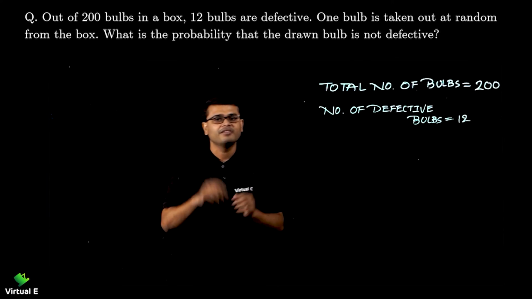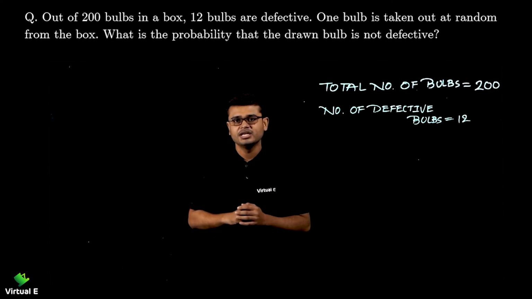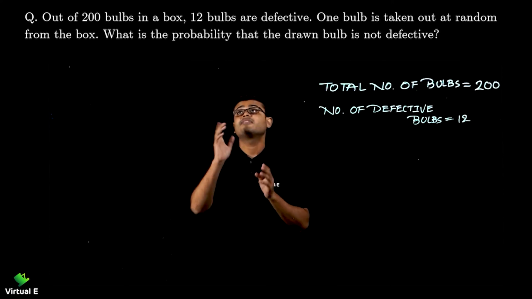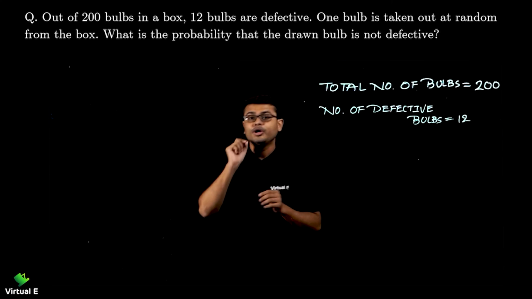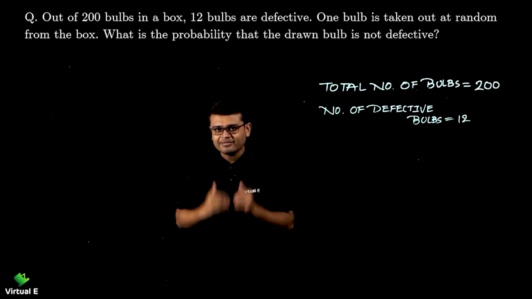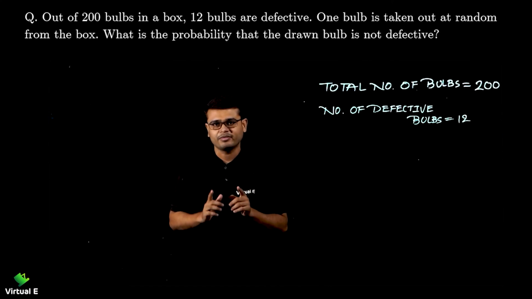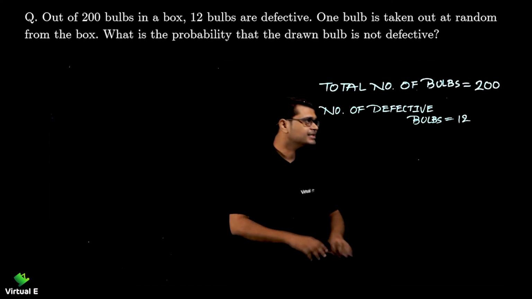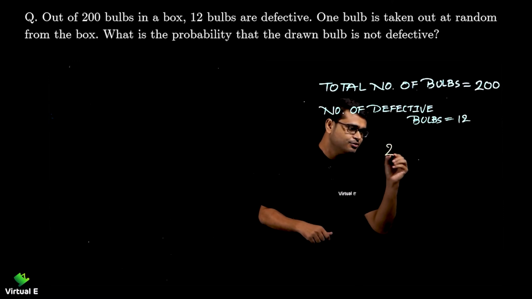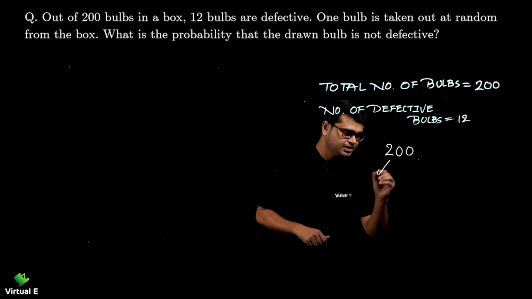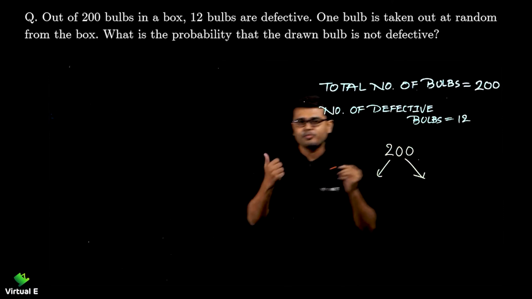So, first of all, we need favorable outcomes. What is the favorable outcome? Favorable outcome is the number of non-defective bulbs. Do we have that information? No, directly we don't have it. But we can get it. How can we get it? See, let's say there are 200 bulbs. It is divided into two parts.